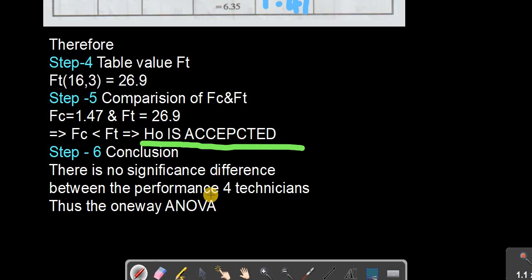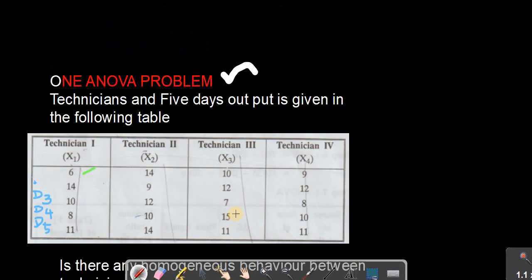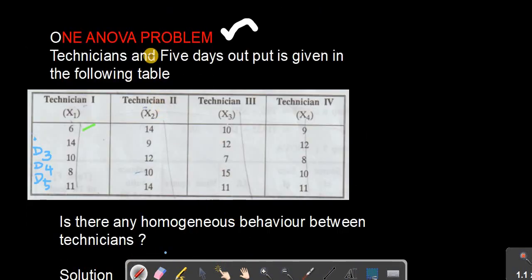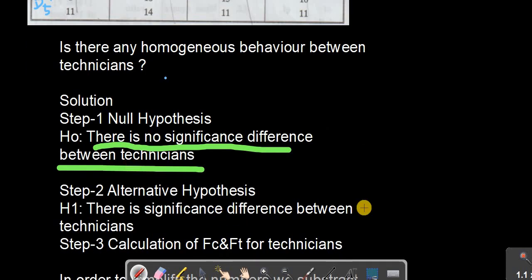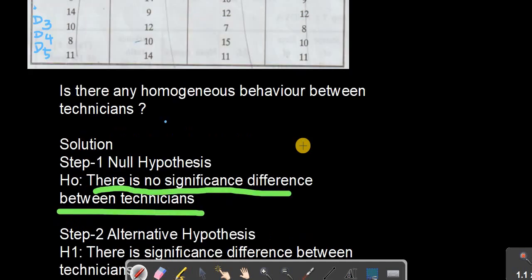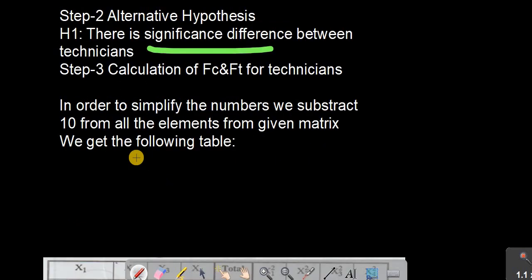That's what we understand. Okay, so this is the way we have to solve this one-way ANOVA. First step is that we write the null hypothesis: there is no significant difference between technicians. Technicians means column-wise. Second step is the alternative: there is a significant difference between the technicians.